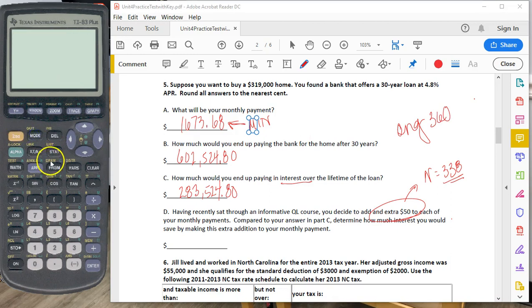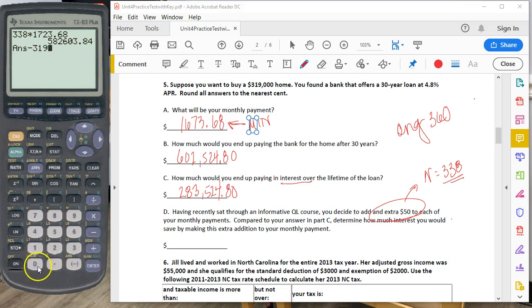So now, if I'm making 338 payments, and each payment is $1,723.68, now I'm only paying back $582,603.84. So I'm paying back a little bit less interest.